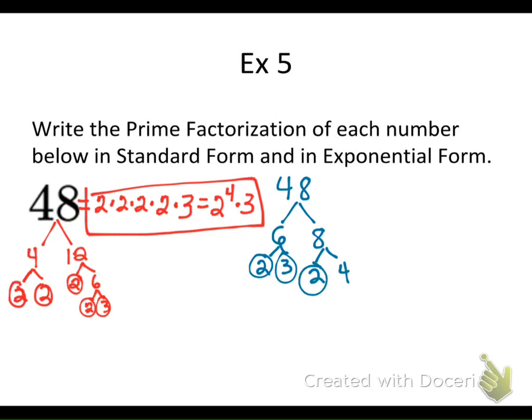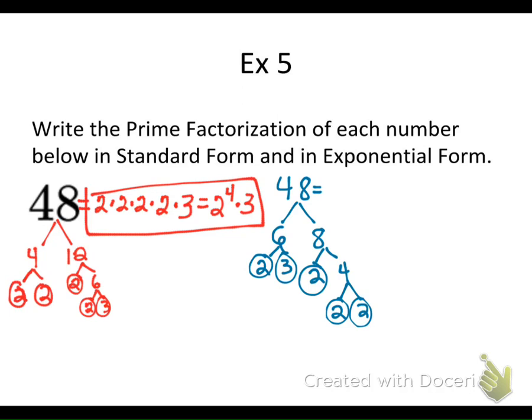Write this down. You're going to write down what I have in the blue. Can I factor the number 4? 2 and 2. And they're prime, so I'm going to circle them. Now, when I come to write this in standard form, I'm going to write every prime number in order from least to greatest. What do I write? The exact same thing that you did. So I'm going to write 2 times 3 times 2 times 2 times 2.